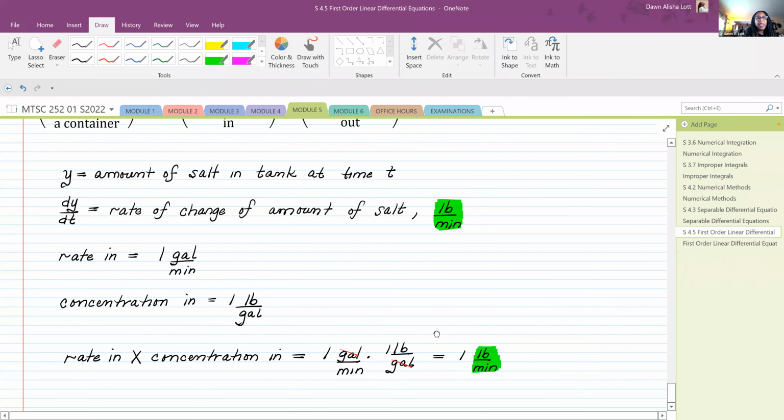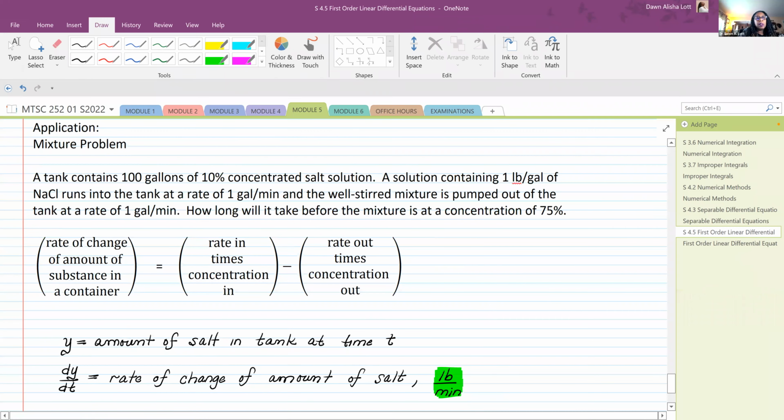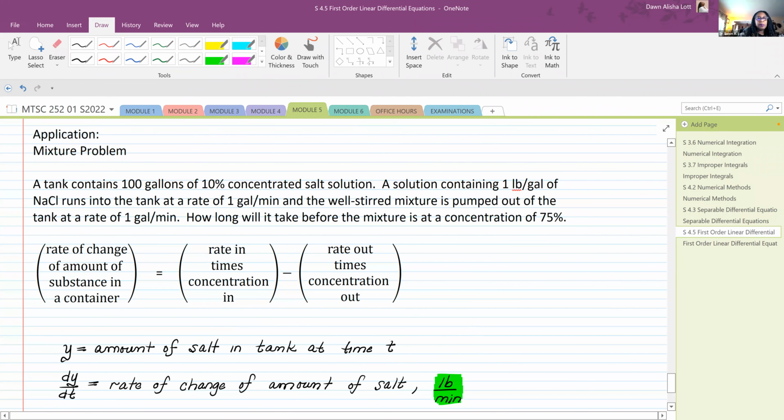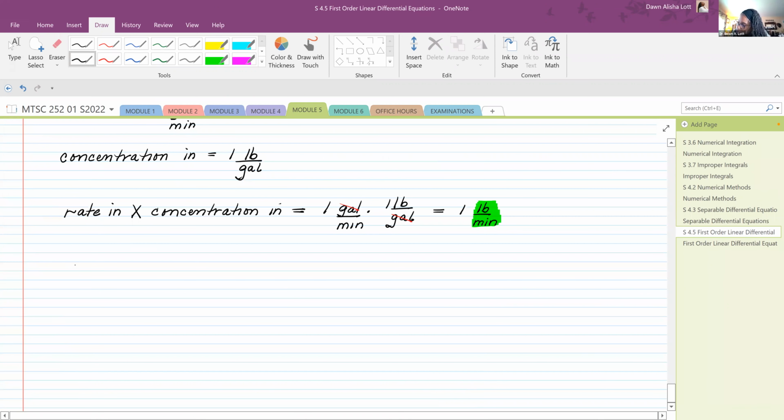Then what's the rate out? Well, the rate out is 1 gallon per minute. And what's the concentration out? Well, the concentration is always the number of pounds of substance, which for us is Y. We don't know.